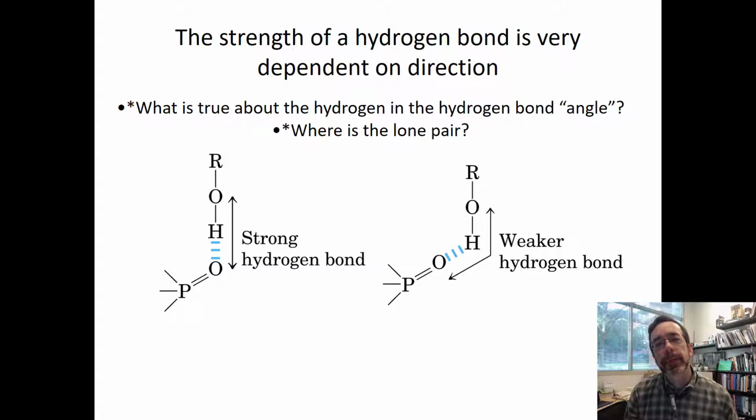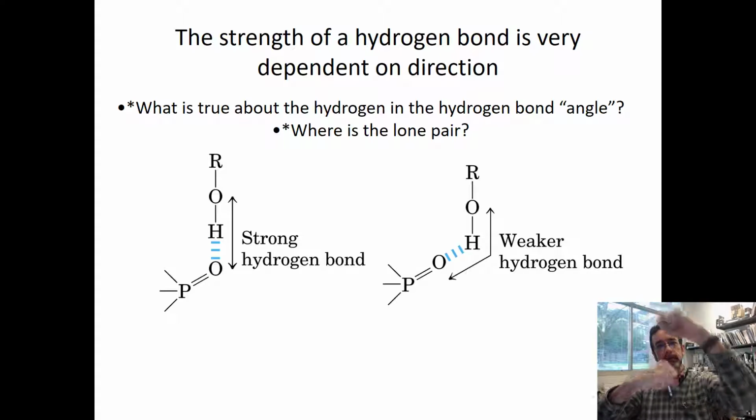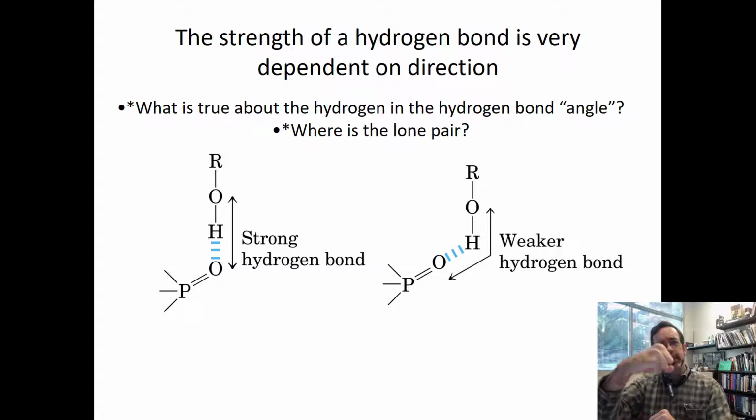So think about the arrangement that you have to form a hydrogen bond. Negative, positive, negative. It really matters that the positive hydrogen, between the two oxygens, is exactly between the two negatives. Because if it's not exactly between the two negatives, the attractive force between the three atoms will be reduced.